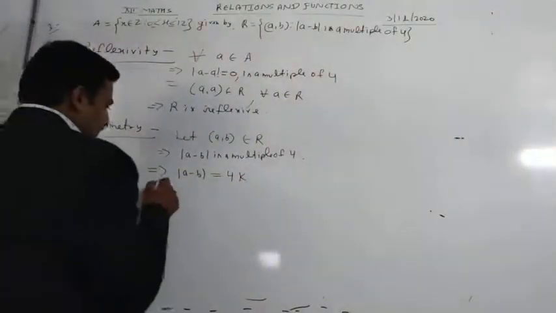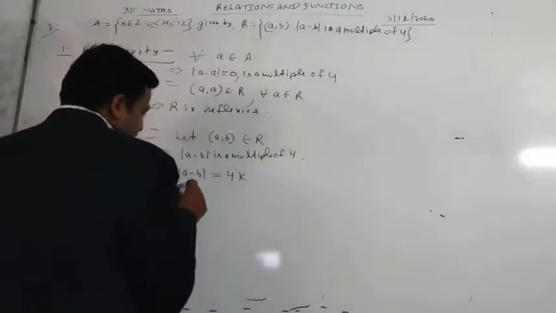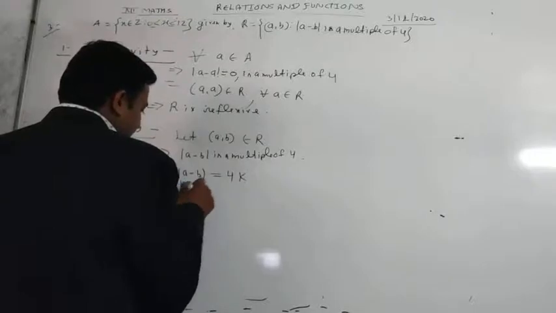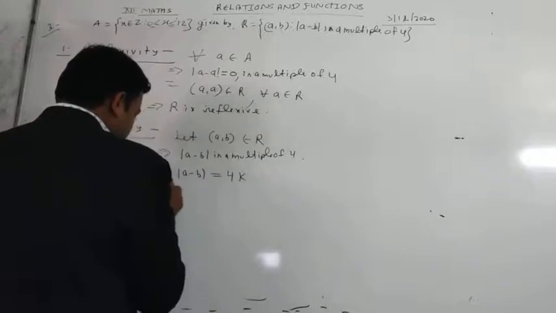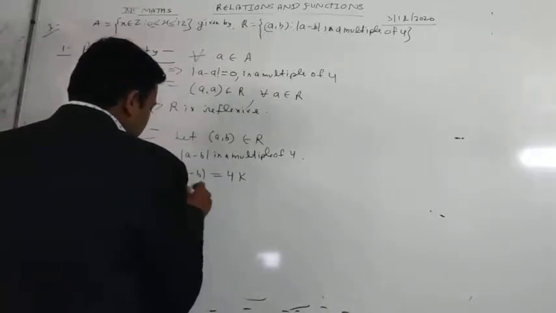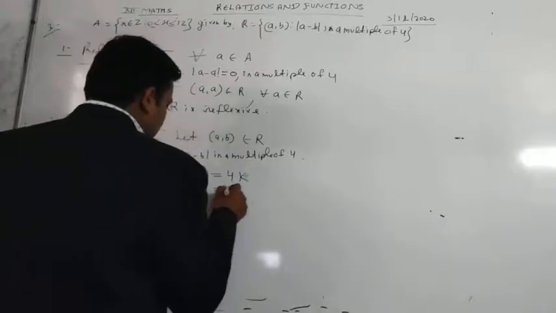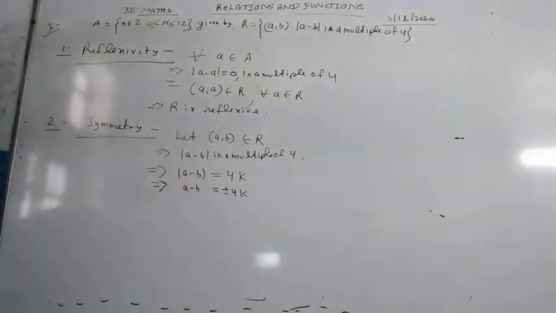Now we can say that b minus a. When we are removing the modulus sign, we can write plus minus 4k. So a minus b is equal to plus minus 4k.